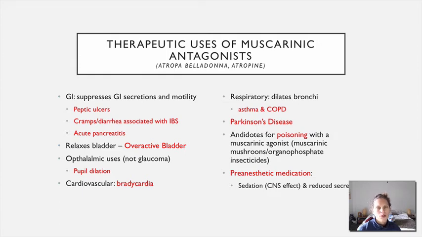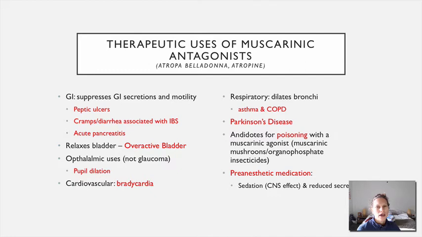Also in the respiratory system, mostly in the cases of chronic obstructive pulmonary disease where we might need some opening of the airway. They could be useful in asthma as well, but they do quite a bit of drying of the airway, because asthma is an allergic condition that oftentimes can compound the issue, make it worse. So there are some examples of a combination asthma drug I'm thinking of that has a steroid and a muscarinic antagonist together.